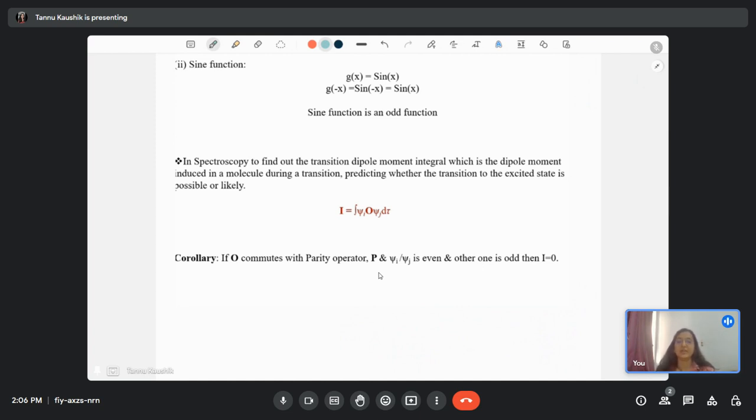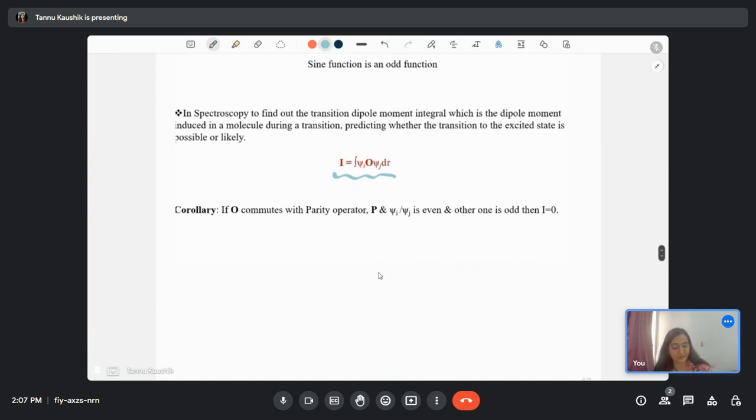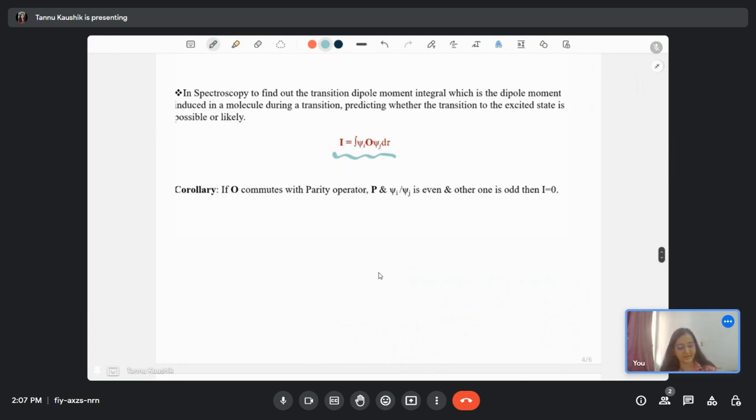For example, in spectroscopy, to find out the transition dipole moment integral, which is the dipole moment induced in a molecule during a transition, when a transition from a ground state to some excited state is being induced, using this integral we predict whether this transition to the excited state is possible or likely, whether it will happen or not. Here I is the transition dipole moment integral.